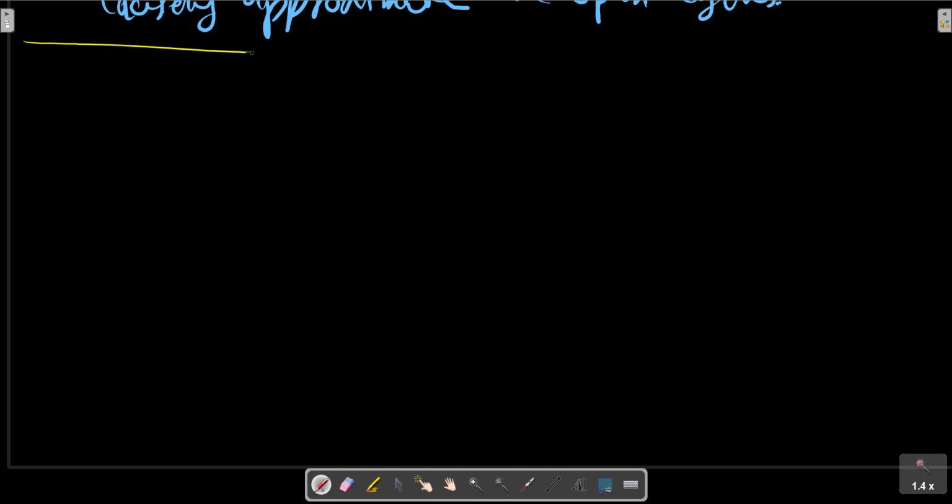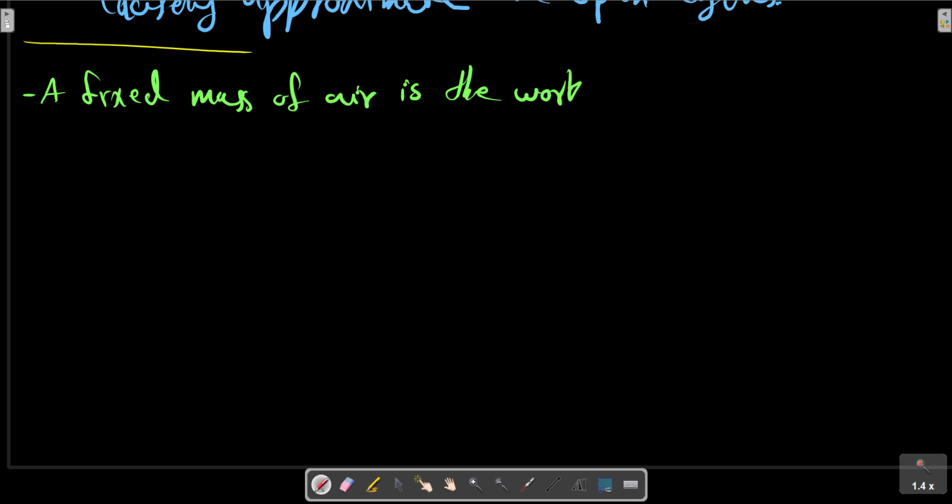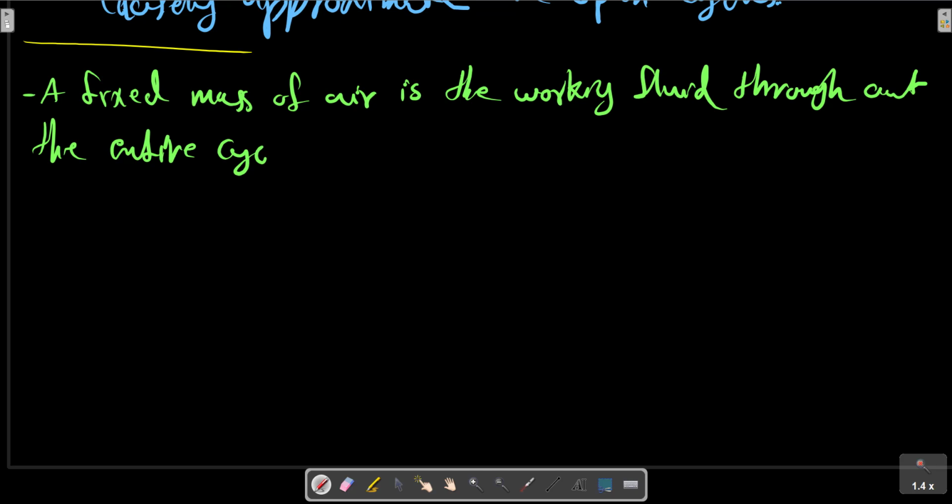A fixed mass of air is the working fluid throughout the entire cycle, and the air is always an ideal gas.